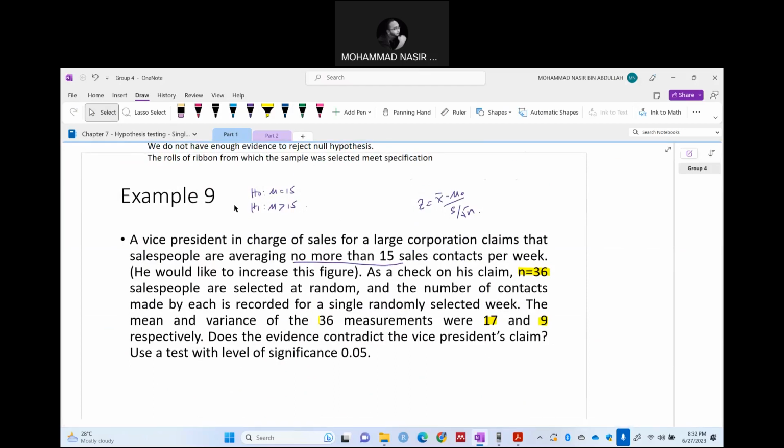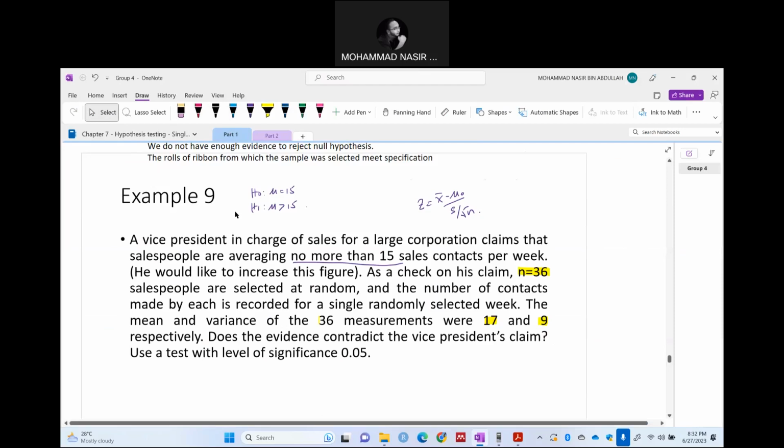So you would like to increase this figure. Okay. Should be more than 15 lah.